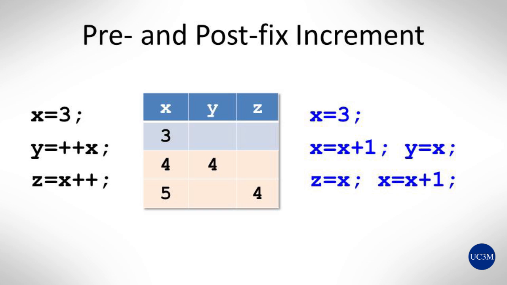On the left-hand side in black, you see a code segment that uses both prefix and postfix operators. On the right-hand side in blue, you see the equivalent behavior just using conventional assignments. Instead of plus plus, we can write minus minus for decrement both in prefix and in postfix form. Take a moment to analyze the table with the values the variables take successively.